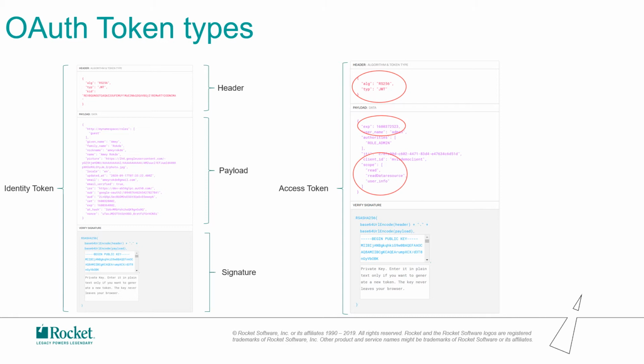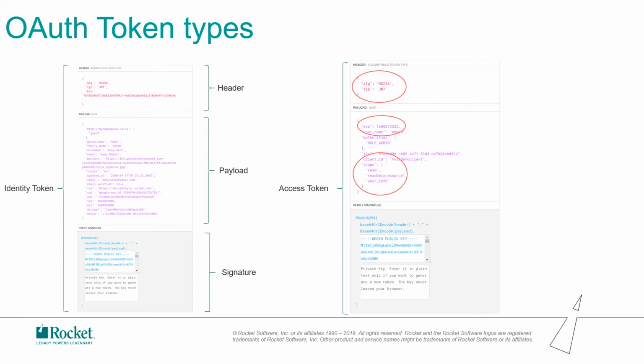I'll come to the topics of identity token and access token in a short while, but let me give you an overview of what these token sections and their importance mean. The first section in a token is the header section, which says, hey, I'm going to use the algorithm RS-256, and my token type is JWT format. So the data structure you see, header, payload, and signature, is the JSON web token format.